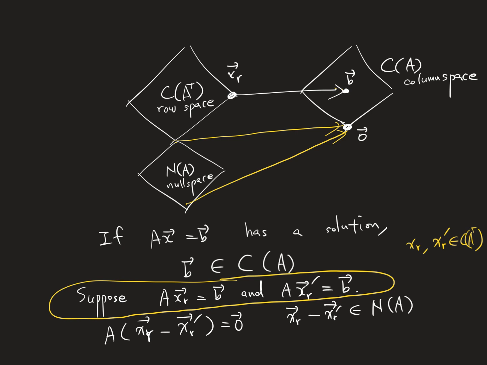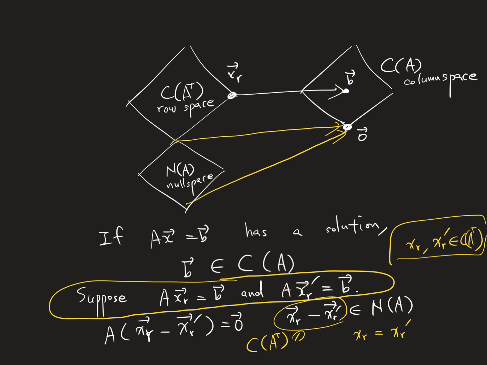The row space is a subspace, and so x r minus x r prime will be in the row space. But we already know that the row space and null space are orthogonal complements, so the intersection of the null space and the row space is only the zero vector. So in this case, x r is equal to x r prime.